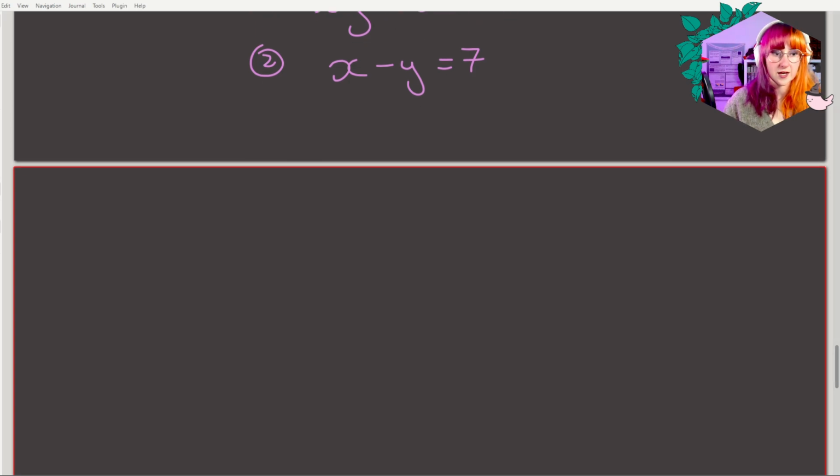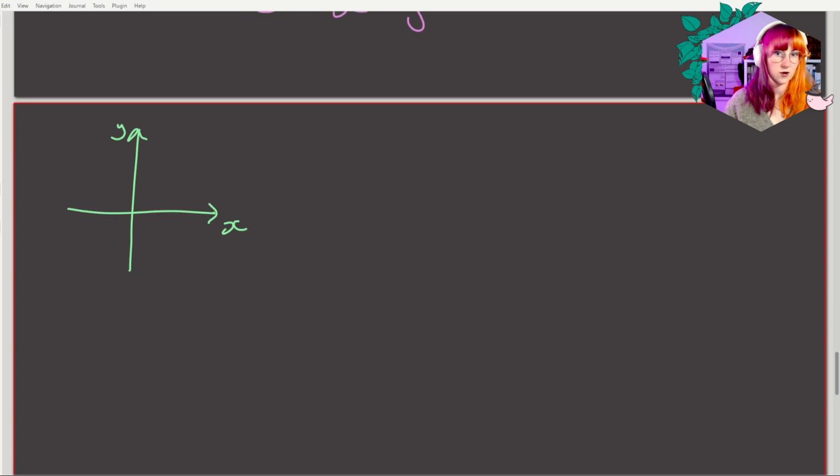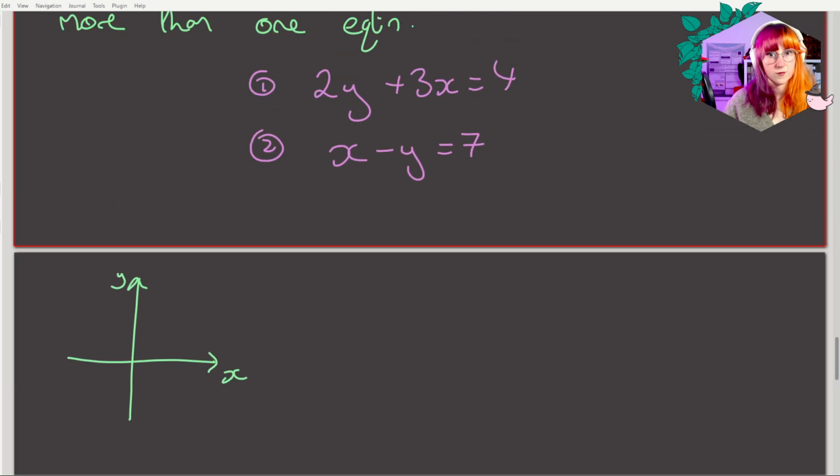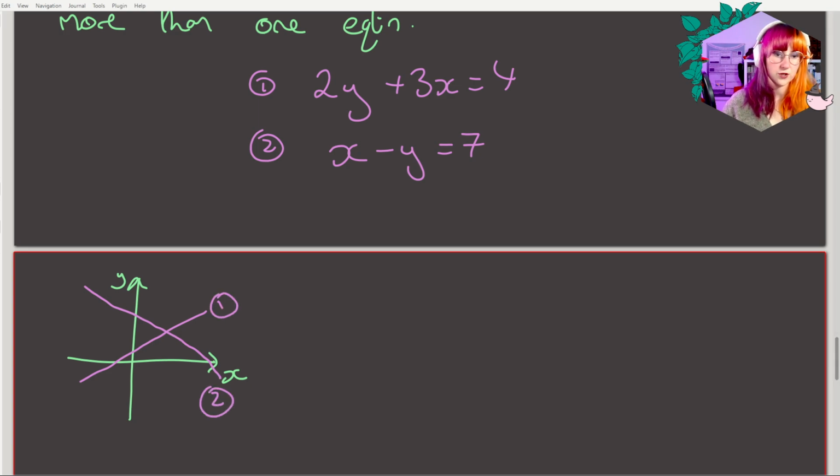What this looks like is, if both of these are equations for straight lines, and I am probably not going to end up drawing these properly, it's going to be like there and there. So that's 1 and that's 2.